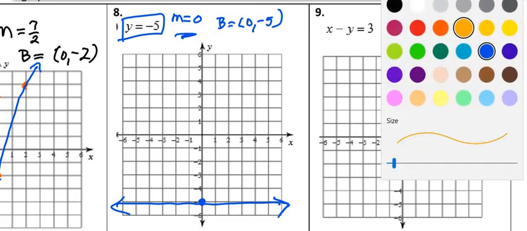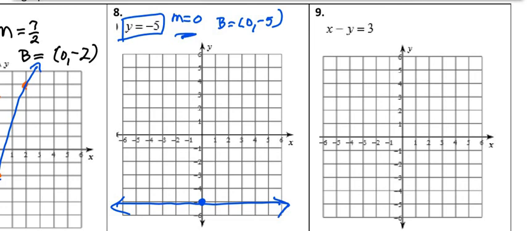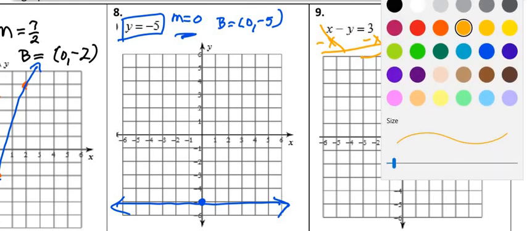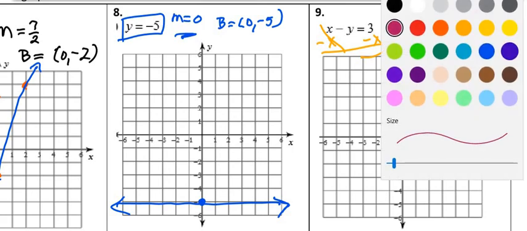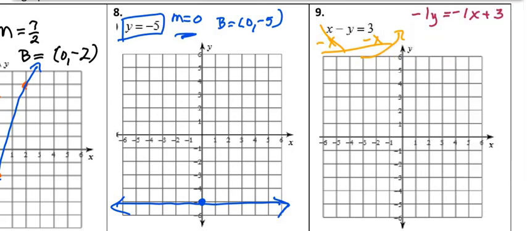Okay, now the first thing that we're going to do is get y by itself. So I have this one, I'm going to put negative x, negative x. This cancels out, and I'm going to write it right here. And I see that we have negative 1y equals negative 1x plus 3. So we still have to get y by itself. We cannot have a negative y. So I'm going to divide everything through by negative 1, negative 1, negative 1.